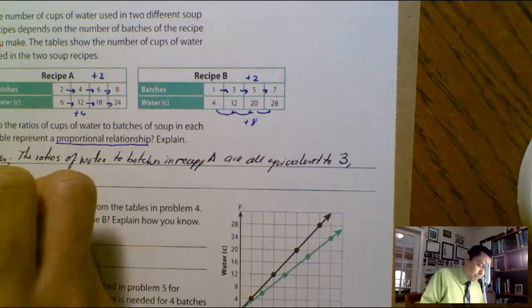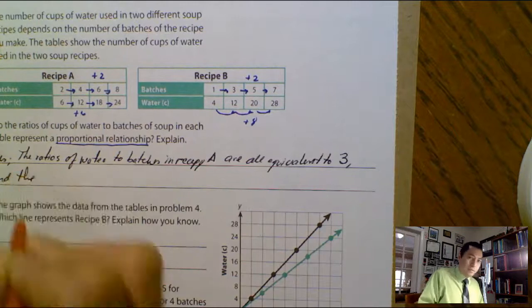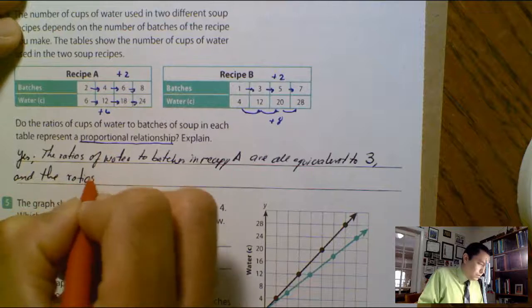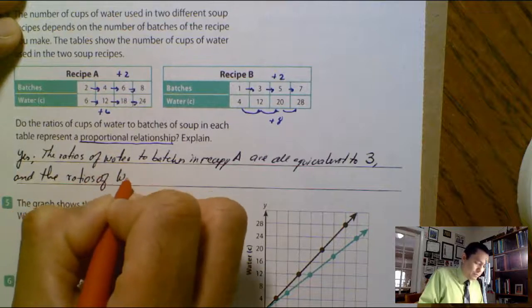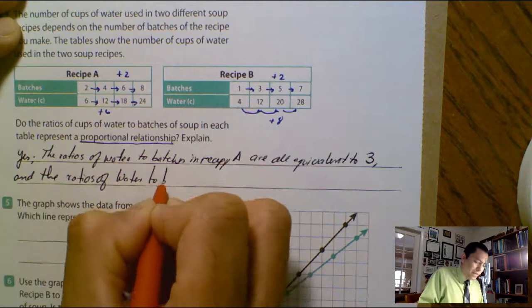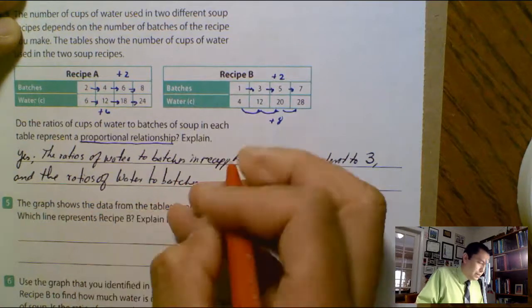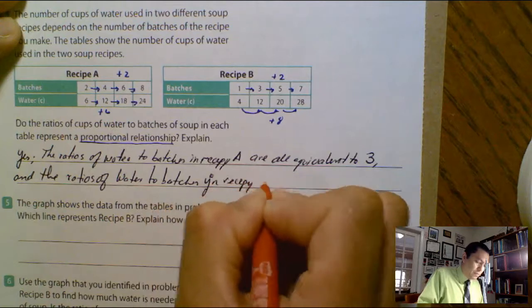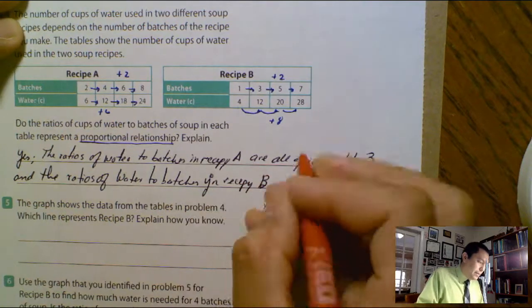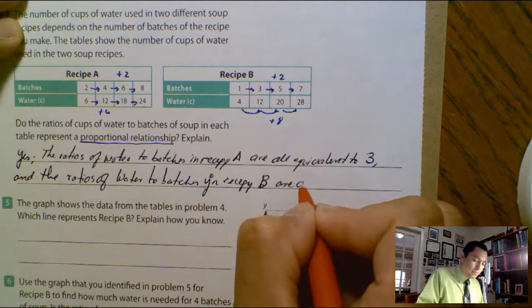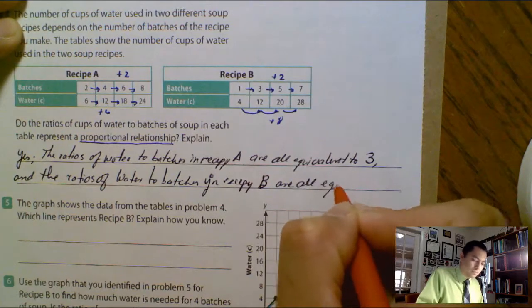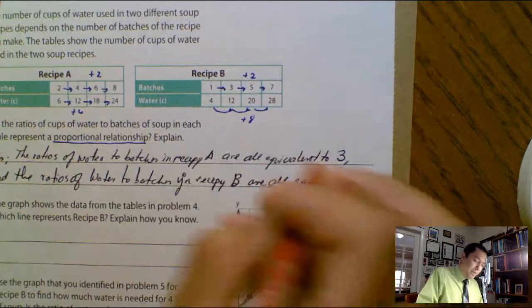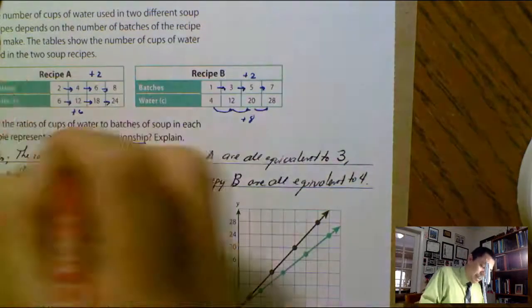And the ratios of water to batches in recipe B are equivalent to 4. Remember what we do, I'm going to do it here.